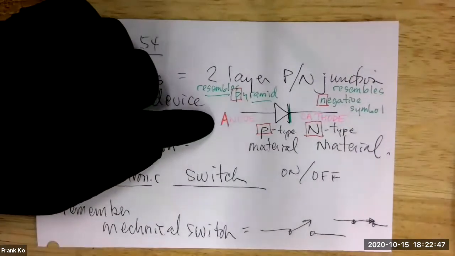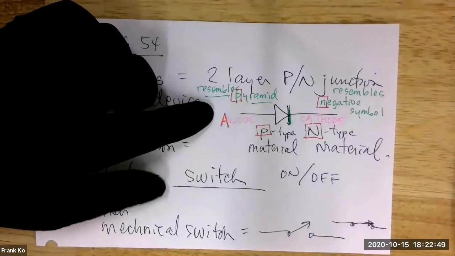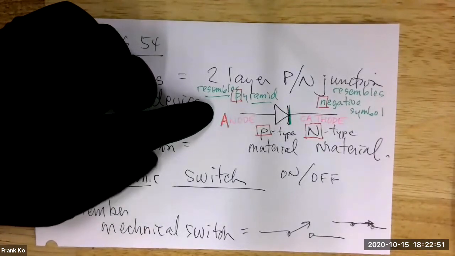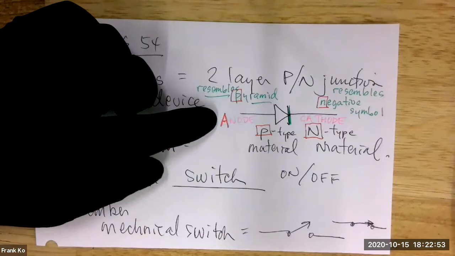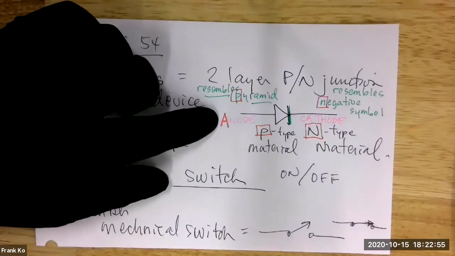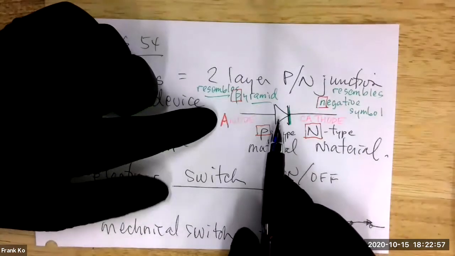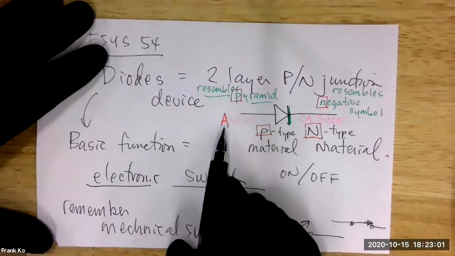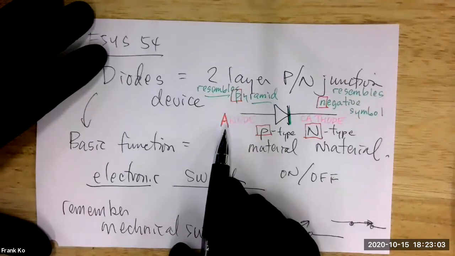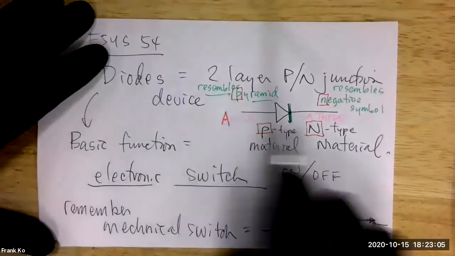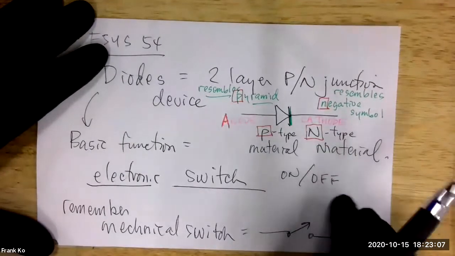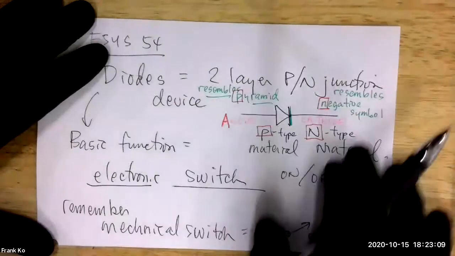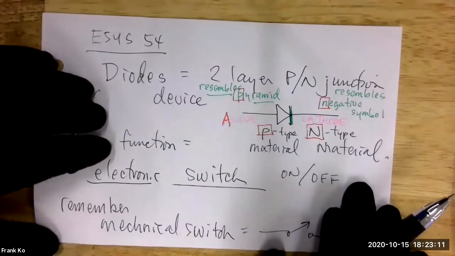Yes. So understand that this pyramid in the letter A is associated with the portion of the diode that resembles a pyramid. That will help you remember this side of the diode is called the what? Anode. The other side is called cathode. So these are the names associated with all of this.